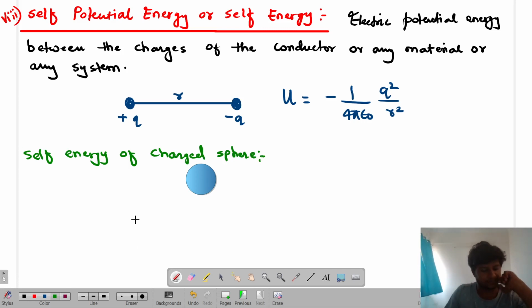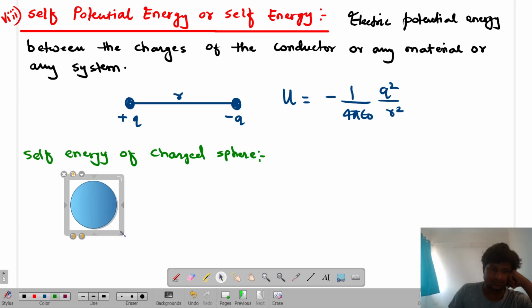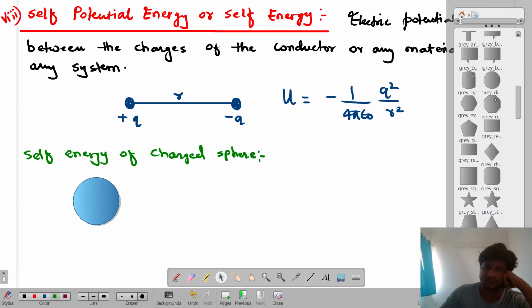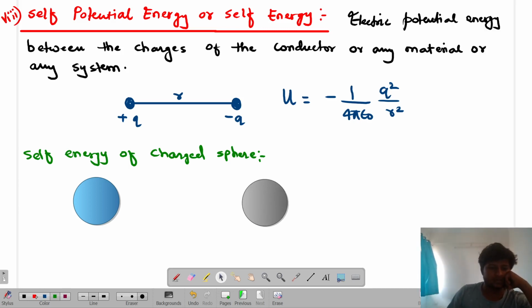Is that clear? First one is conducting, second one will be non-conducting. Is that clear? So let's suppose if it is a conducting sphere, you know the radius.